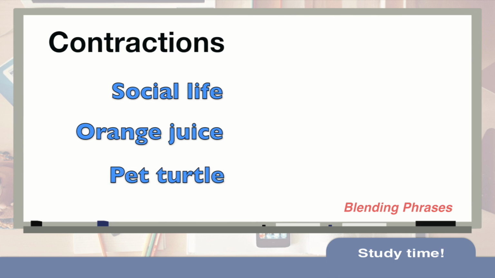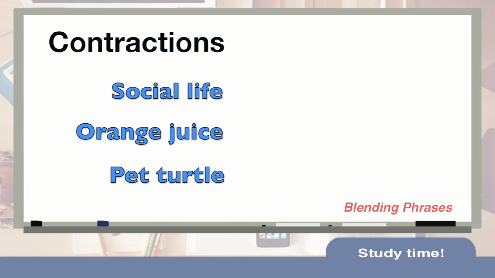You may have noticed that the end of the first word has the exact same sound as the start of the second word. In the phrase social life, the joining sound is ul. The second phrase, orange juice, is a little more difficult to see because of the spelling, but if you use your ears, you can see that orange and juice both have the joining sound of j.